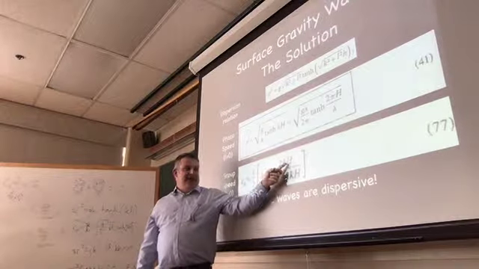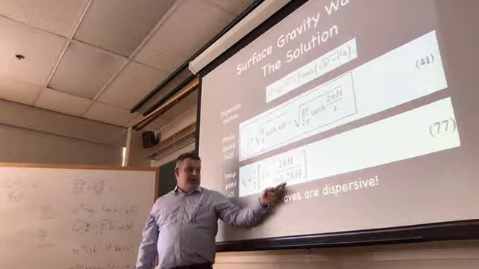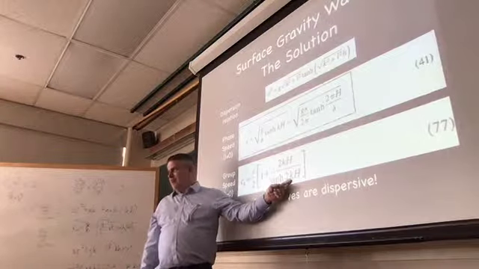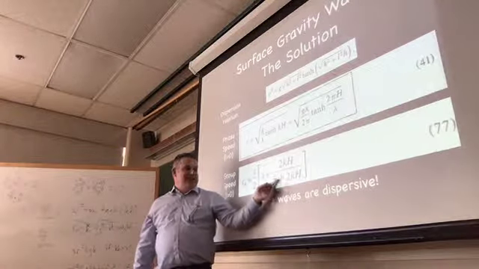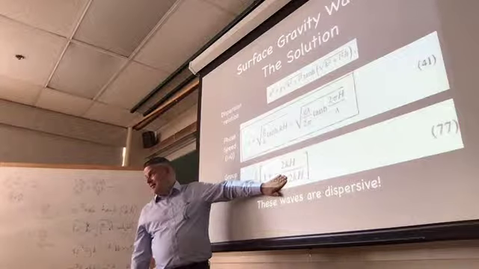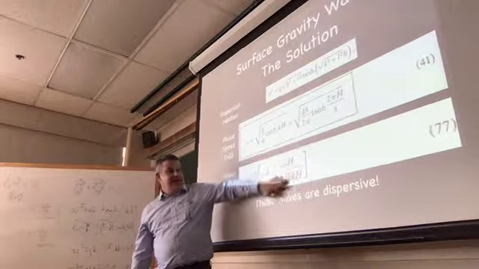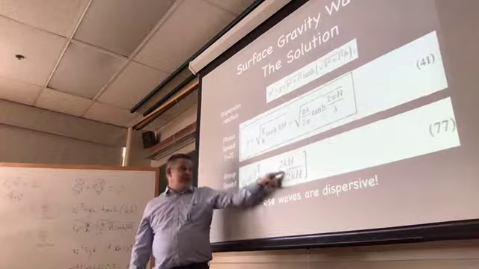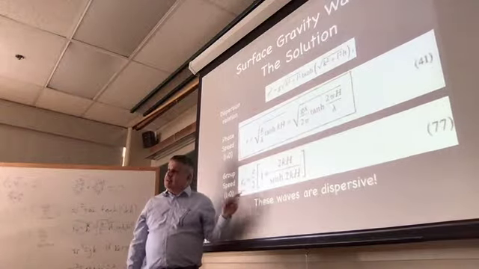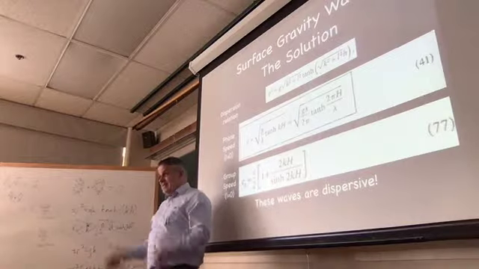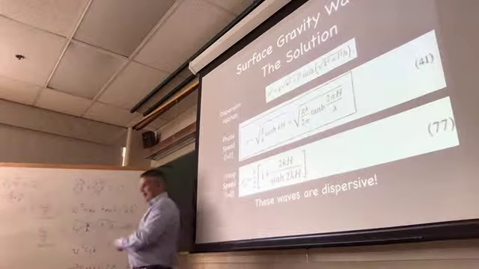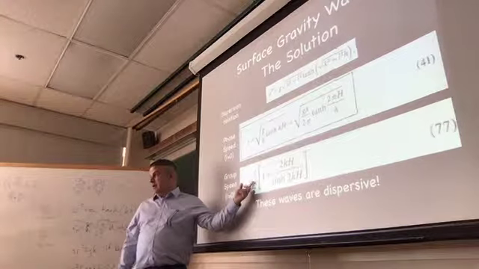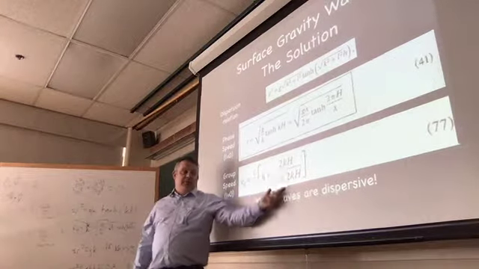This one is 2kh over sine of 2kh when kh is close to 0, which means that sine becomes its argument. This guy equals that guy. It's 1 here. So 1 plus 1, so it goes to C. But we knew that anyway because it's a non-dispersive wave. We've already argued that. So it's non-dispersive, which means that CG equals C. So in that limit, we get 1 plus 1 here.